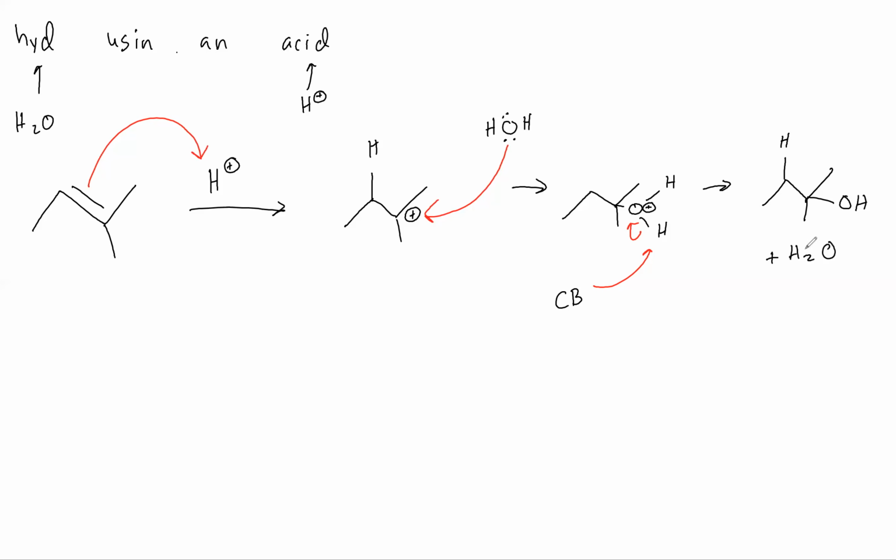Okay? And if we pause for a second and we just look at this portion right here, we can see, oh, it's the same mechanism as SN1 again. The big difference, same with hydrohalogenation, is that instead of having a leaving group leave, we added a hydrogen instead. Okay? Does that all make sense to everybody?